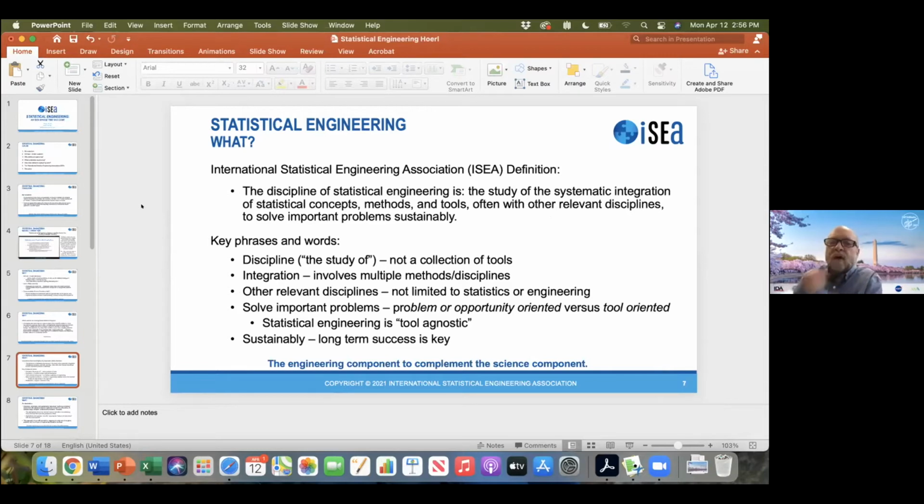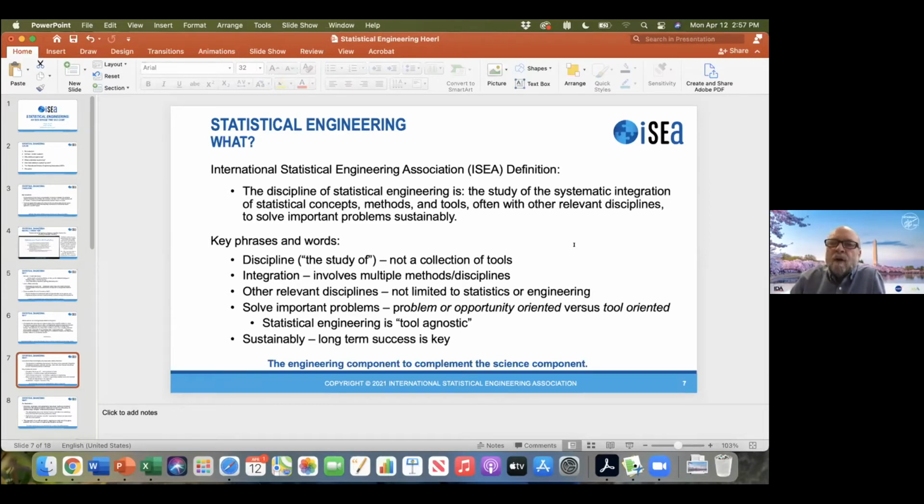So let's talk a little bit about what statistical engineering is. The International Statistical Engineering Association defined it this way: the discipline of statistical engineering is the study of the systematic integration of statistical concepts, methods, and tools, often with other relevant disciplines, to solve important problems sustainably. And there are a few key elements there. One is we're talking about a discipline, the study of something.